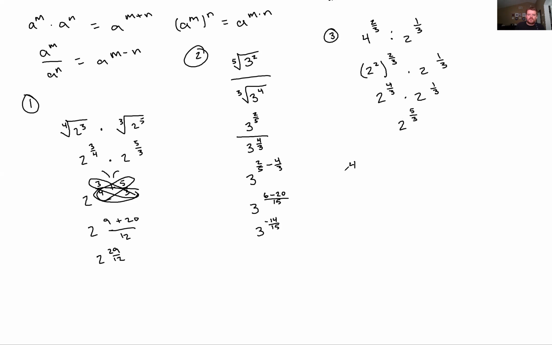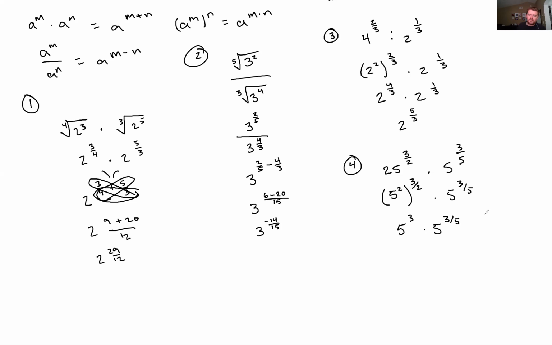Let's do another one like that. I'm going to do 25 to the 3/2 times 5 to the 3/5. Again, not the same base, so we need to change it to be the same base. 25 can be rewritten as 5 squared. Again, the goal is to make it so that the bases are the same. Once I do that, now I'm doing 2 times 3/2. That would give me 5 cubed. Our bases are the same, so I can add the exponents.